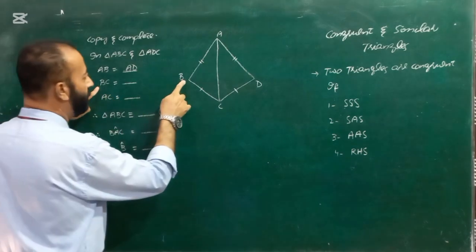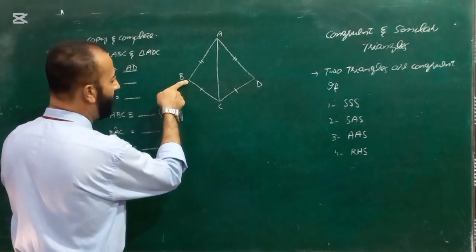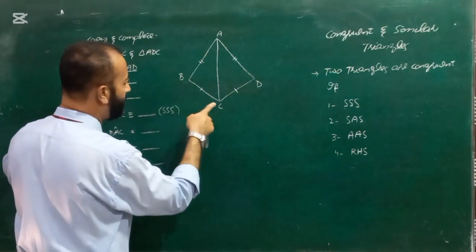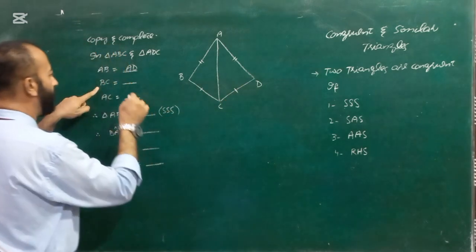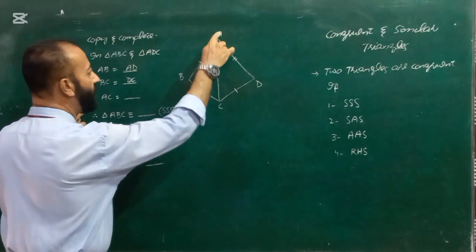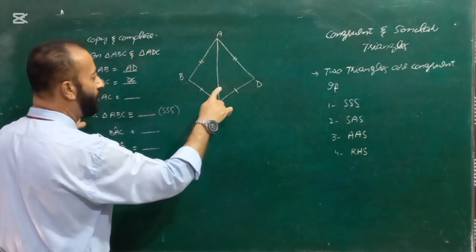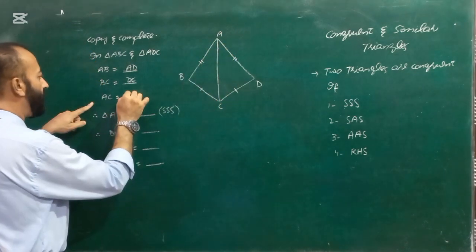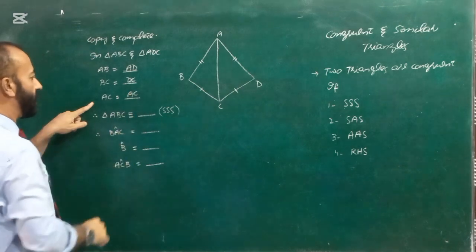Then BC. So we are moving from here single side, so BC will be equal to DC. Then AC is common in both triangles, so AC is equal to AC.